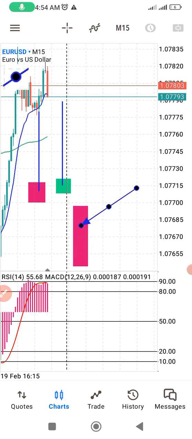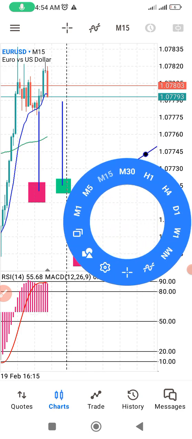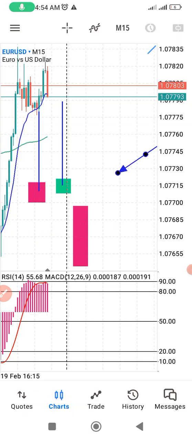So when you see it like this, it might have no wick, and it can have a small wick, but in whatever case it should be an engulfing, which means it should be able to cover the previous candle beside it.